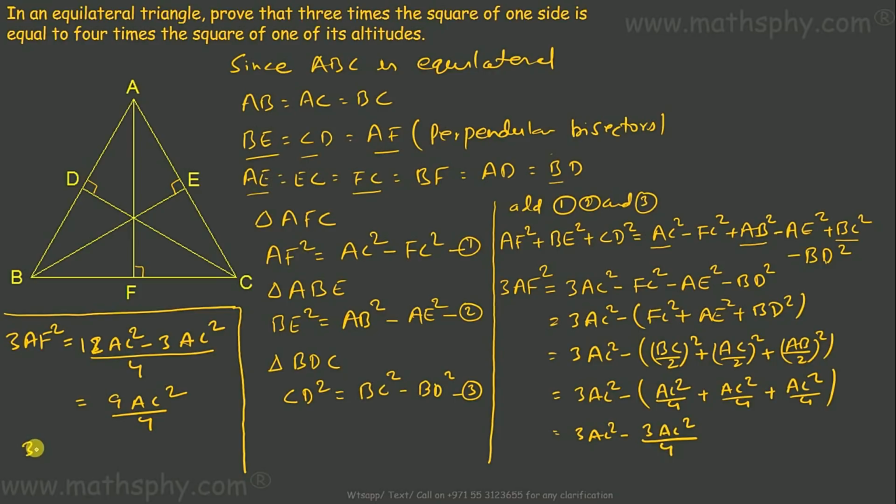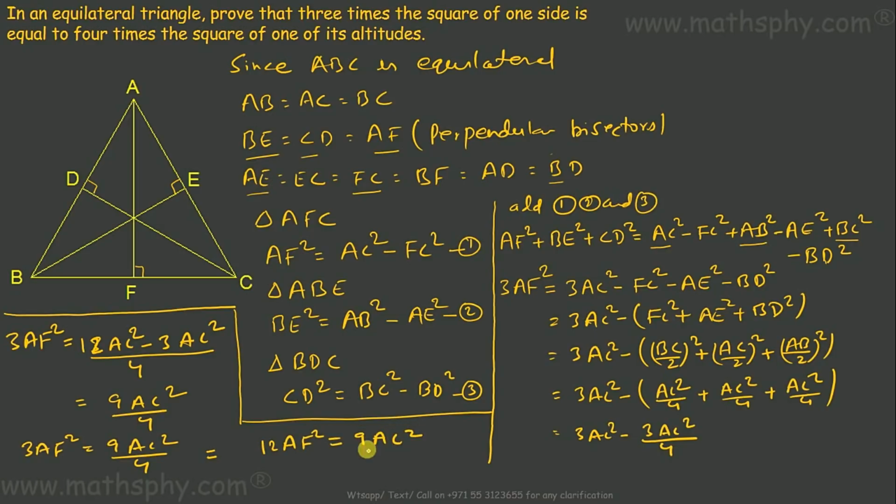This is 3AF square equals to 9AC square over 4, which can be 4 into 3 is 12AF square equals to 9AC square. Divide both the sides by 3. This gives you 4AF square equals to 3AC square.